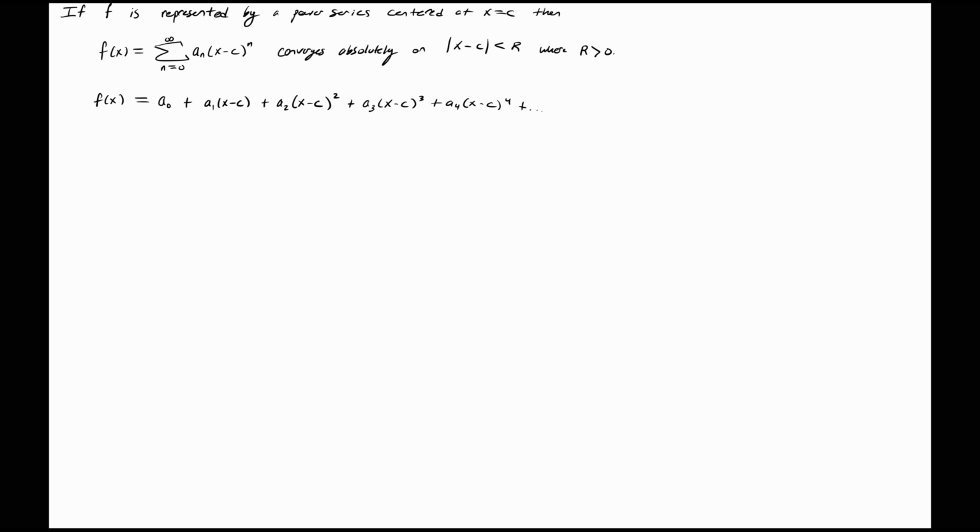Now that we have this nice expanded form, we can go ahead and investigate. We know that if our function f is represented by this power series, then plugging in x equals c should give us f of c.